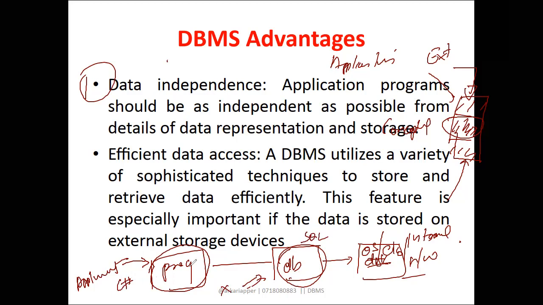After some time, I want to convert my program using Java. Now I make the necessary changes here, but while I am doing so, it must not disturb the database. That is data independence.